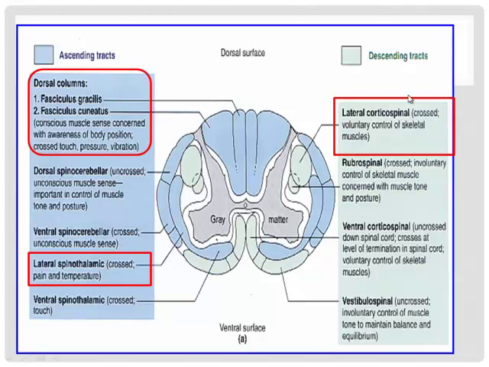On the descending side, coming down from the brain, you have the lateral corticospinal tract, which is extremely important in the voluntary control of skeletal muscles. You can also see these other tracts, the rubrospinal, the ventral corticospinal, and the vestibulospinal. I'm not saying that these aren't important.